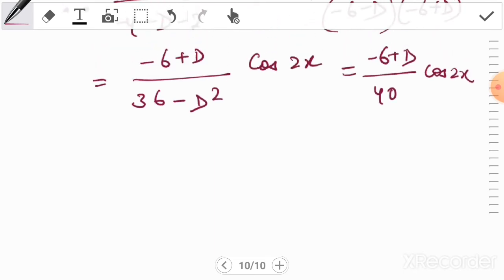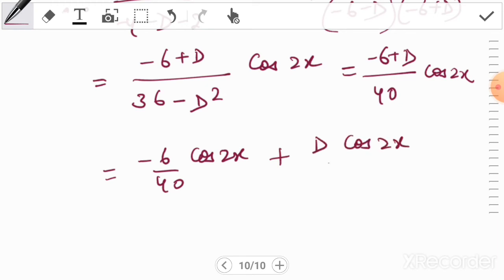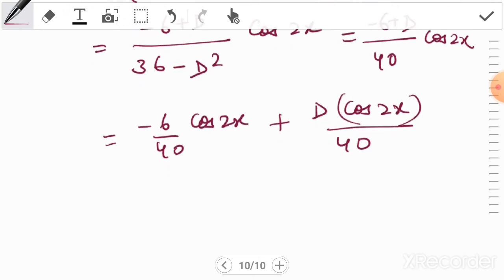Now we can write this as minus 6 by 40 cos 2x plus D cos 2x by 40. So D is nothing but the derivative of cos 2x.